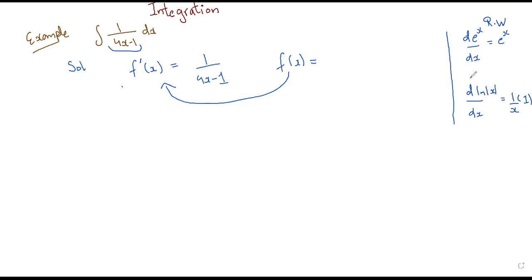So what is your idea? What is your guess over here in our case? This is the derivative of which function? What do you think? It is a fraction. Just guess 4x minus 1 to the power negative 2.